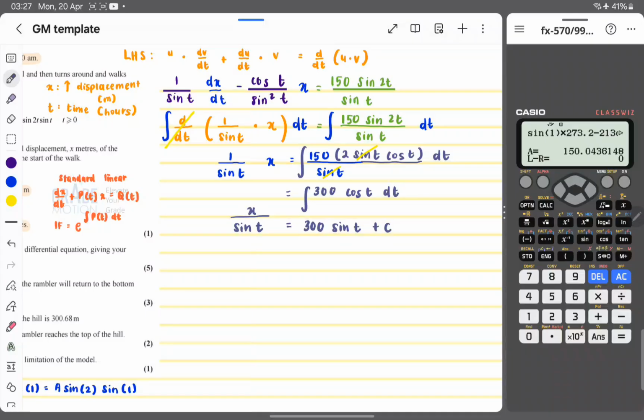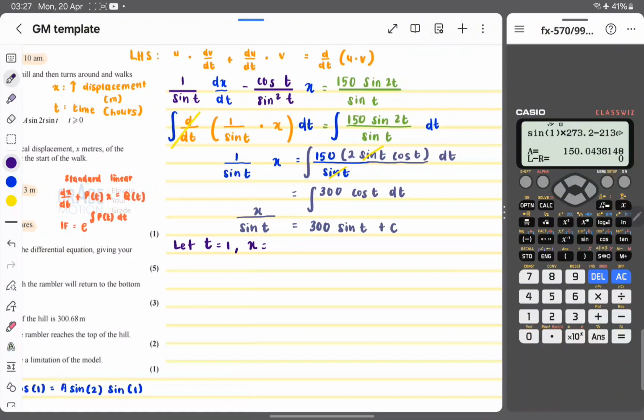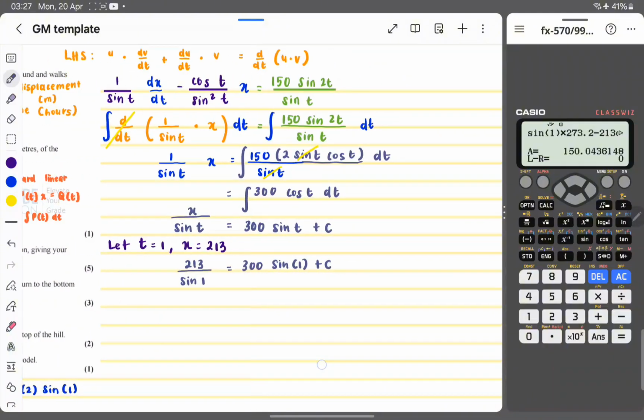Let's now substitute the values that we know. We will let t equal to 1 and x equal to, what is it? 213. So 213 over sine 1 equal to 300 sine 1 plus c. Okay, let's use our calculator.